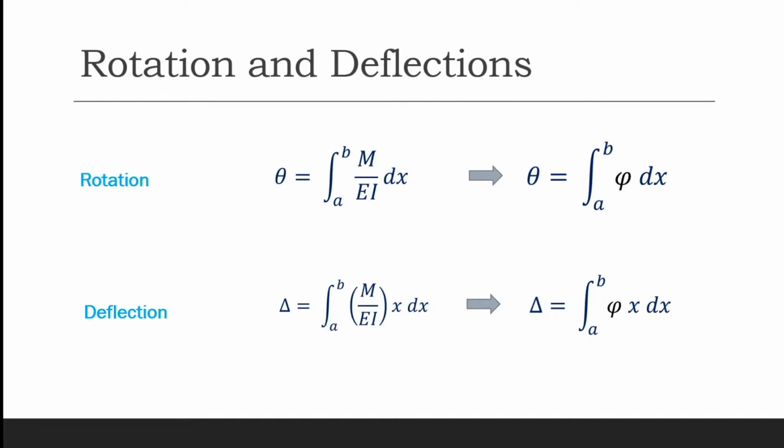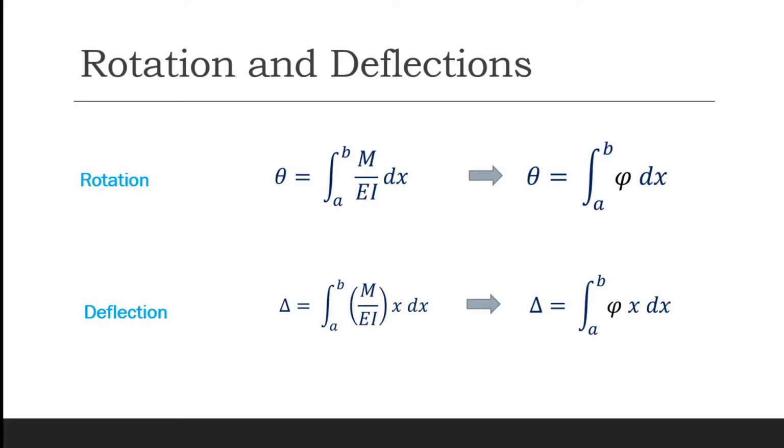Rotations and deflections are another important quantity that we can calculate, which, as you know, is normally very difficult for reinforced concrete beams or columns because the calculation of the effective moment of inertia is quite complicated. But moment curvature curves give us the opportunity to do these calculations rather quickly.